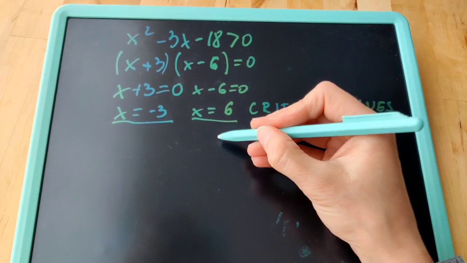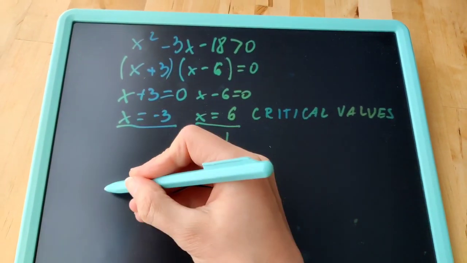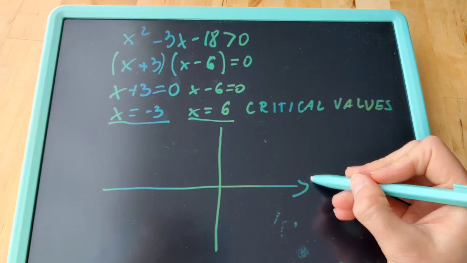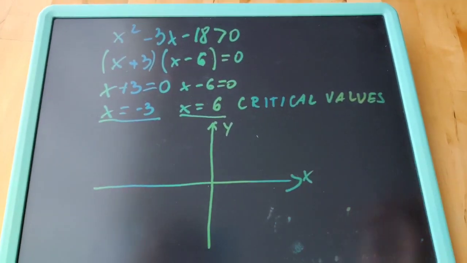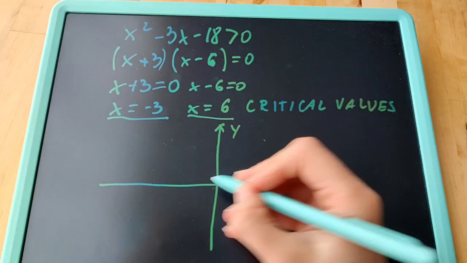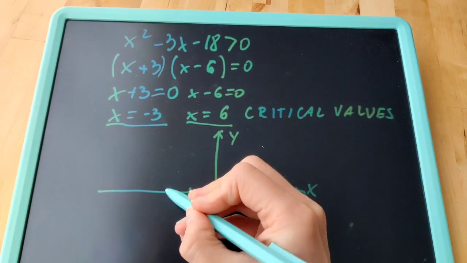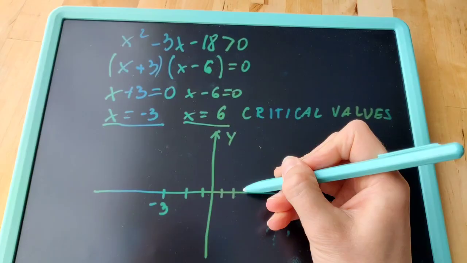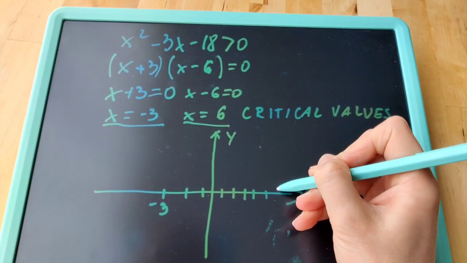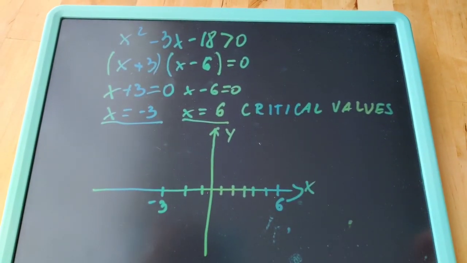Now we're going to put them on the graph. This is our x, that's our y. We have 1, 2, 3, so that will be our negative 3. 1, 2, 3, 4, 5, 6. So this is our 6.